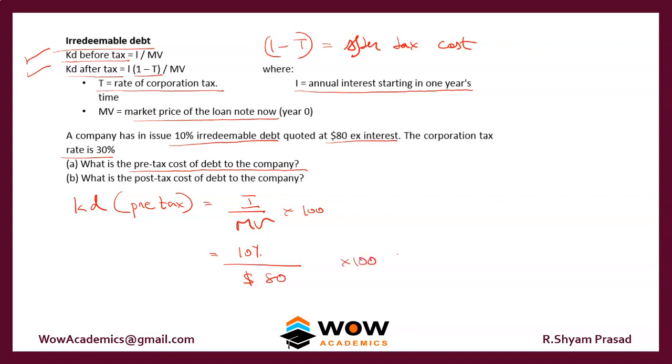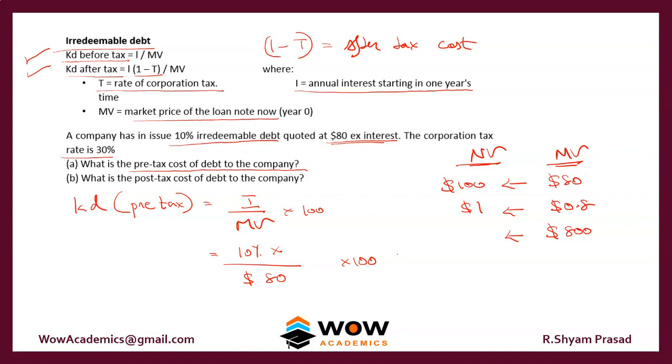Now the question is, I refers to the interest, but on what? On the nominal value. I is always on the nominal value, but the nominal value is not given in the problem. Then how do we work it out? See, nominal value and market value are related. In this question the market value is 80, which means the nominal value should be 100. If the market value is 0.8, then the nominal value will be 1. If the market value is 800, then the nominal value will be 1000.